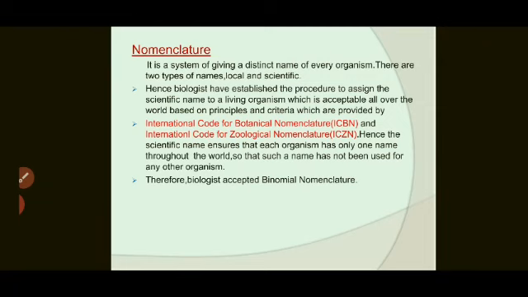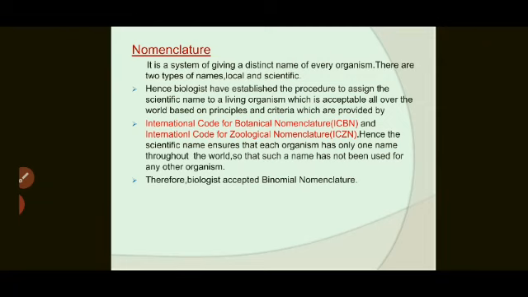Hence, biologists have established the procedure to assign the scientific name to a living organism which is acceptable all over the world, based on principles and criteria provided by the International Code for Botanical Nomenclature, that is ICBN, and the International Code for Zoological Nomenclature.